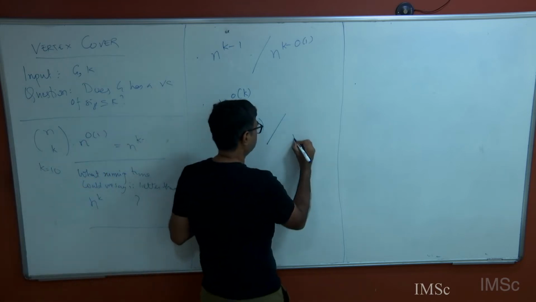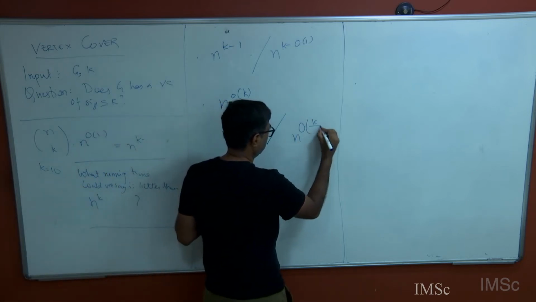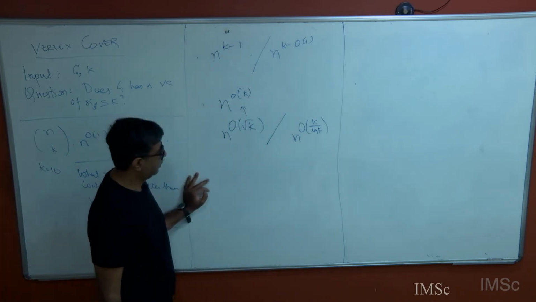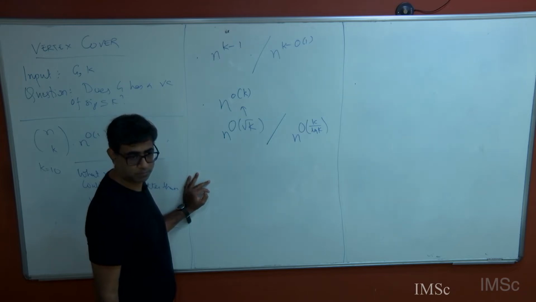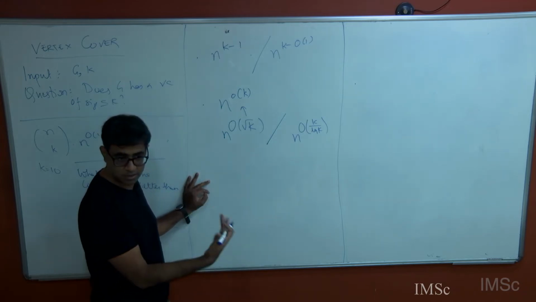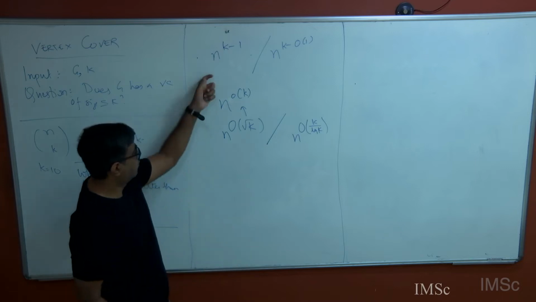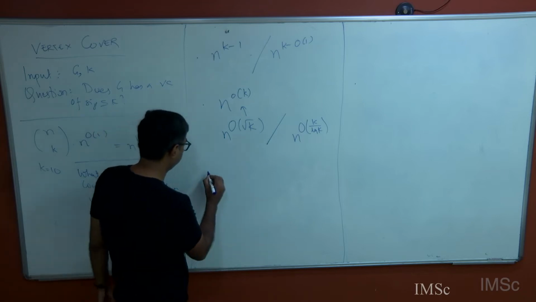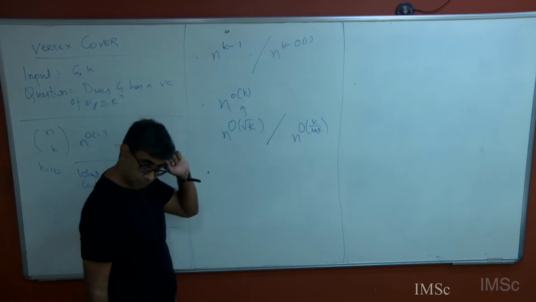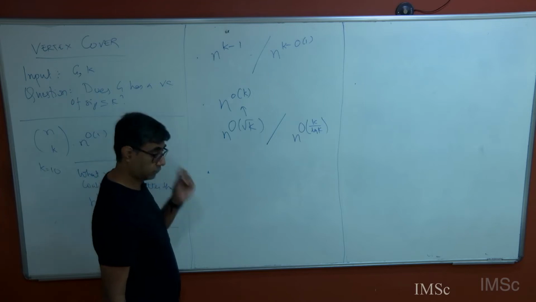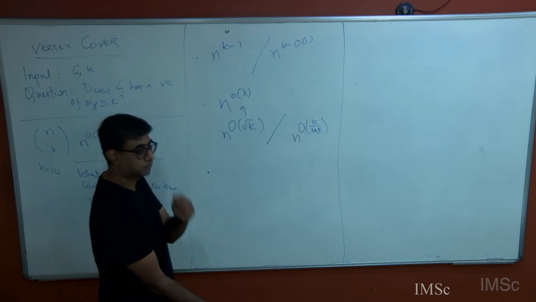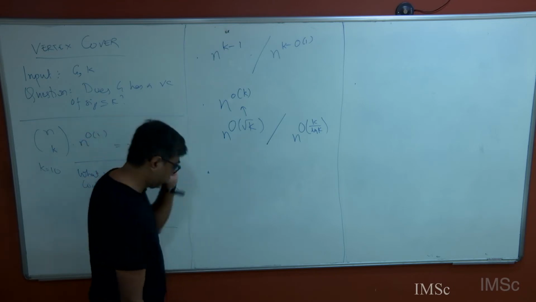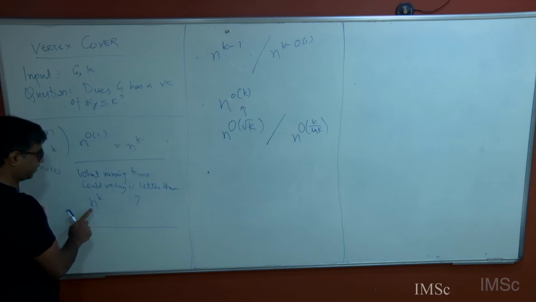So this is also n to the power little o of k. There could be various forms of running time that we could expect of this nature. What other form of running time could we think of, which you should be able to say is better than this?